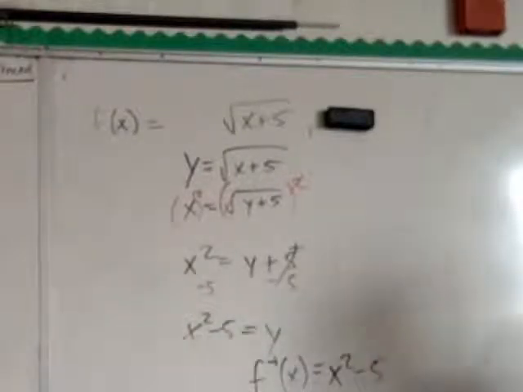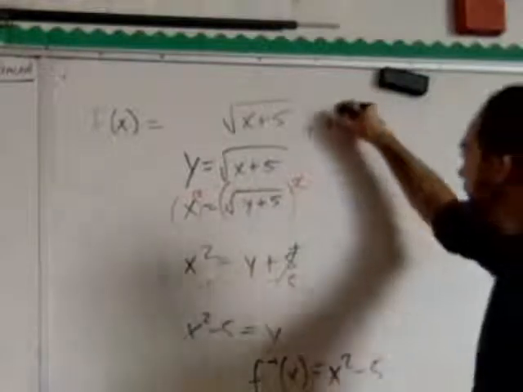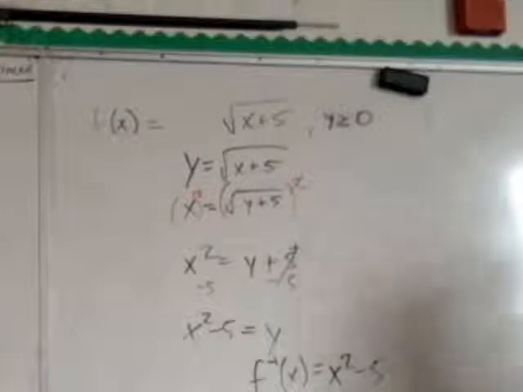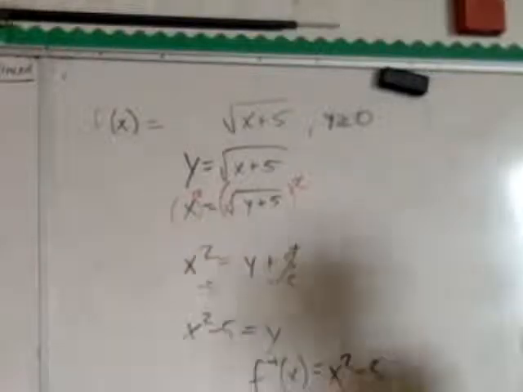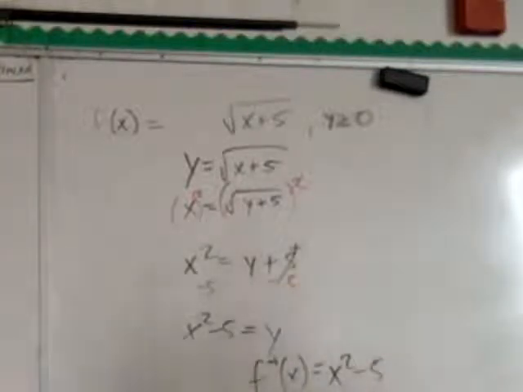All right. So now I want to look at this for a sec. Why did we have y is greater than or equal to 0? Why do we think y is greater than or equal to 0? Let's see. So I think this had to involve when we were graphing it.